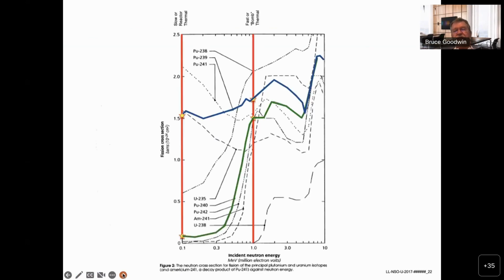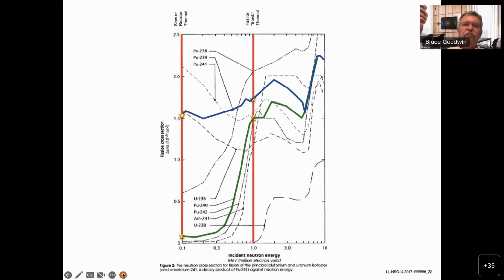And this sort of explains it in a more technical way. What I've got plotted along the bottom here is the energy of the incident neutron. So down at 0.1, we have slow neutrons, or reactor thermal neutrons, as they're called. And at 1.0, I've got fast or bomb neutrons, what goes on in a nuclear explosion.